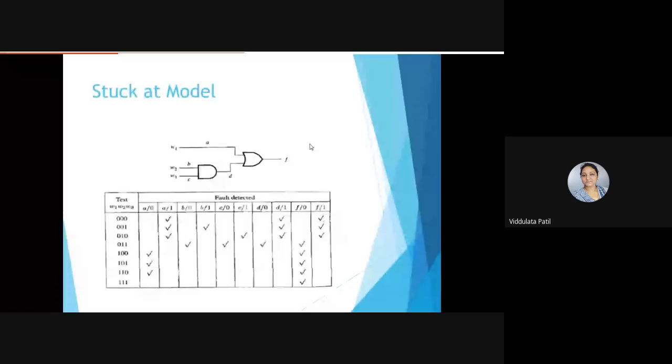Now here we cannot analyze whether A is stuck at 0 or not, because as we have applied the input 0, 0, 0, it is going to result in a 0 only. So the other conditions cannot be analyzed, but these three conditions can be analyzed with this vector. Now suppose we apply a vector 0, 0, 1.